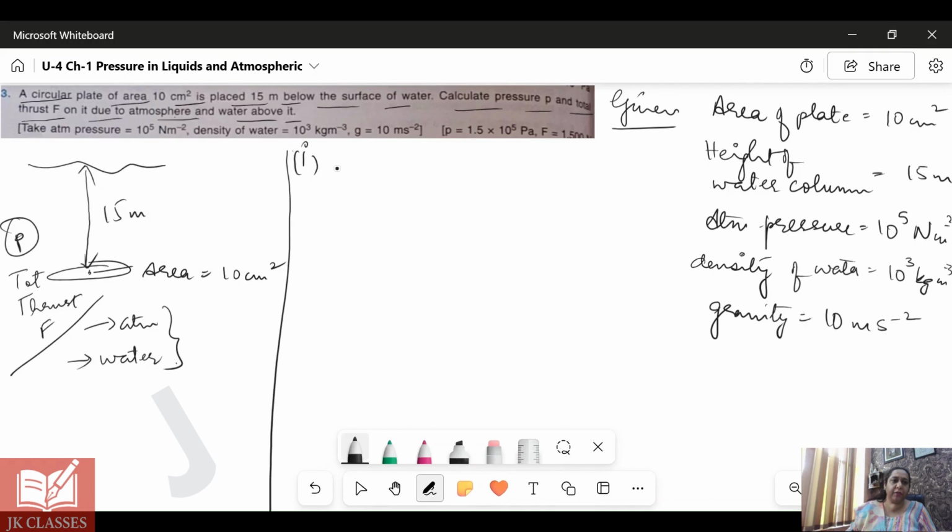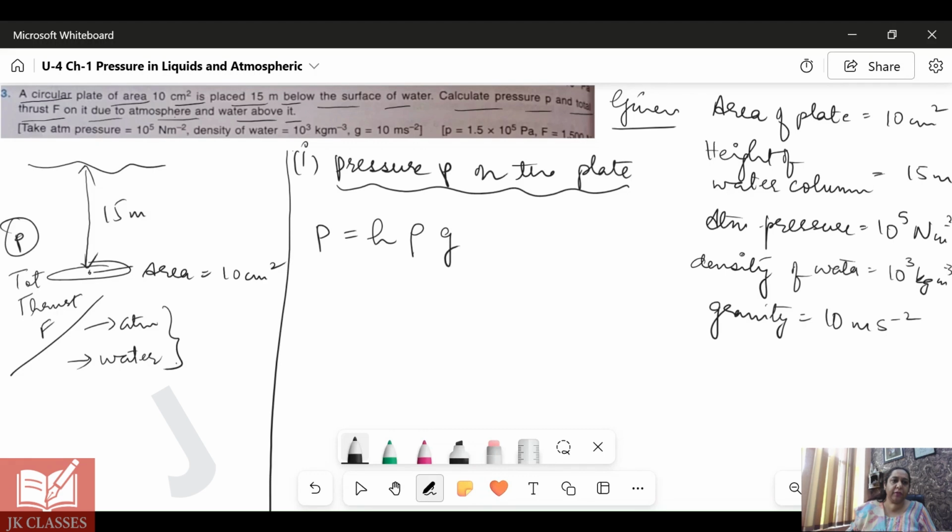For the first part, that is pressure P on the plate. We know that pressure P is given as the product of height, density, and gravity. Here, water. Right? So, we will put in the values.